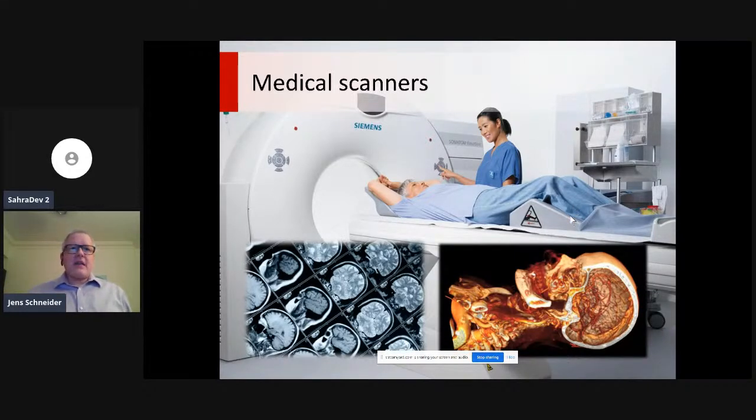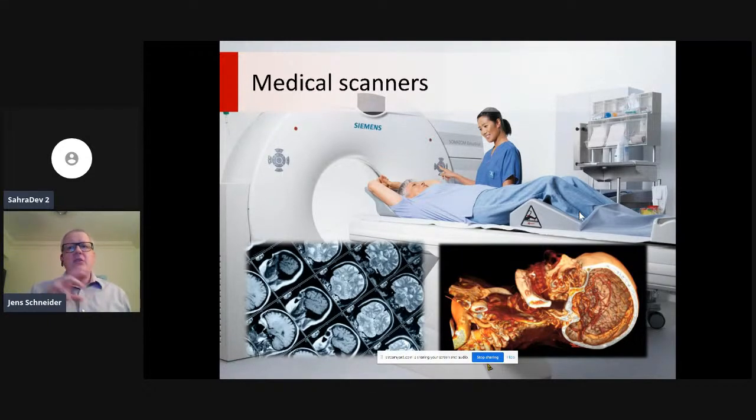What we see here is a CAT scanner where a patient is moved through the scanner on a bed, and while the patient is moved through, this ring rotates, and at one end you emit X-rays, and at the other end you sense the X-rays. The X-rays are dampened by the human tissue, and by the amount of dampening that goes on, you essentially measure an absorption integral.